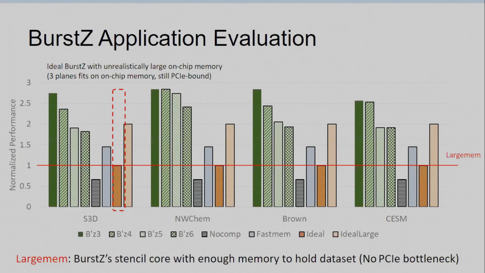We also provide 2 ideal configurations. One is ideal, which represents BurstZ with unrealistically large on-chip memory, so we can place all 3 planes into on-chip memory. But since the whole dataset still resides in the external storage, the PCIe bound still exists.